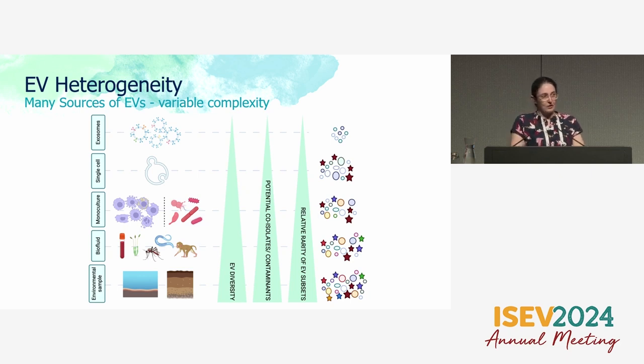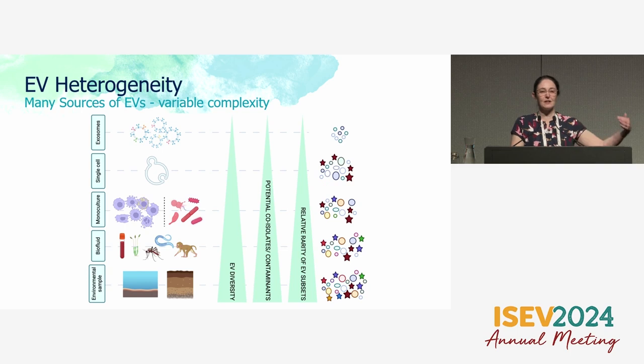Then we have monoculture, and many people will be doing cell cultures. They will be using single cell lines, adherent or suspension, bacterial lines, amoebae, and so on. If you look just at the picture, the variability of the states of cells, even within a monoculture, can really vary.